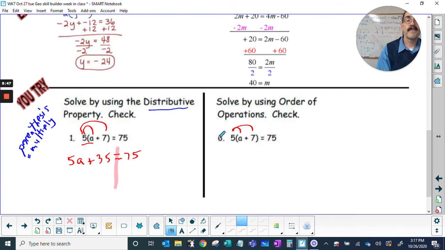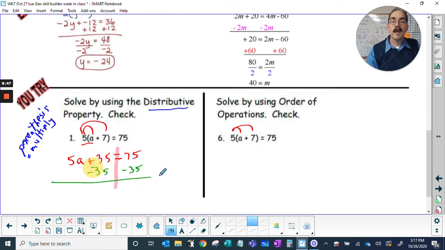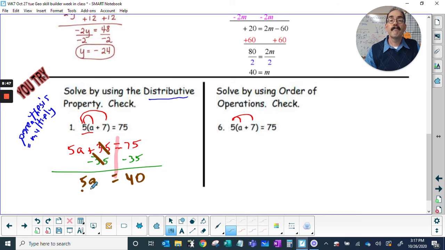So now, let's subtract the 35 from both sides. 35s go away, leaving us with 5a. Bring down the equals because it exists. 75 minus 35 is 40. What's the opposite of multiply? Divide.